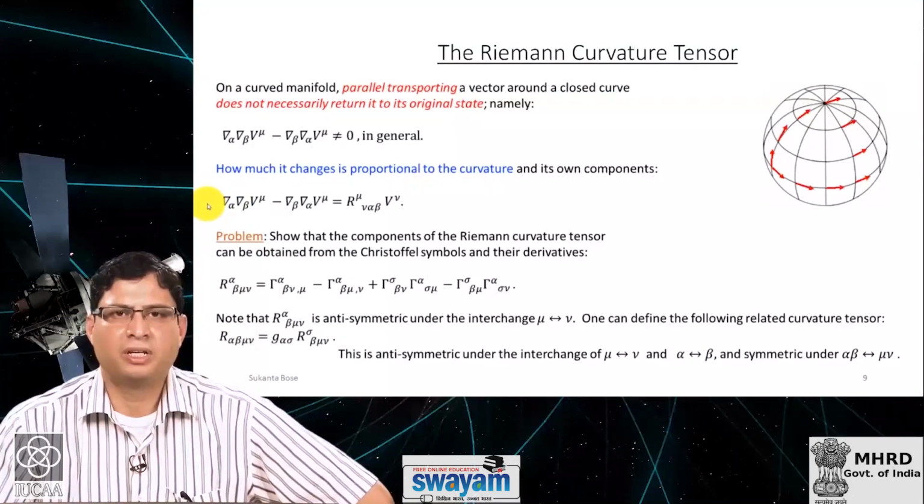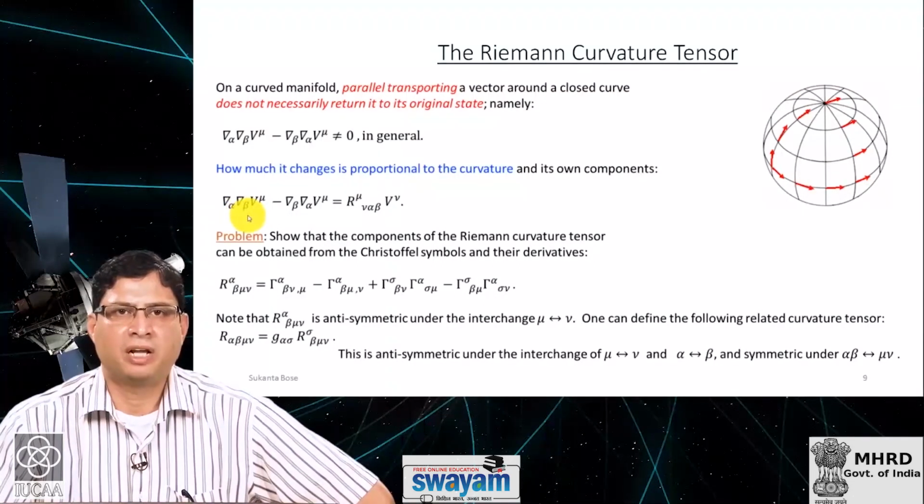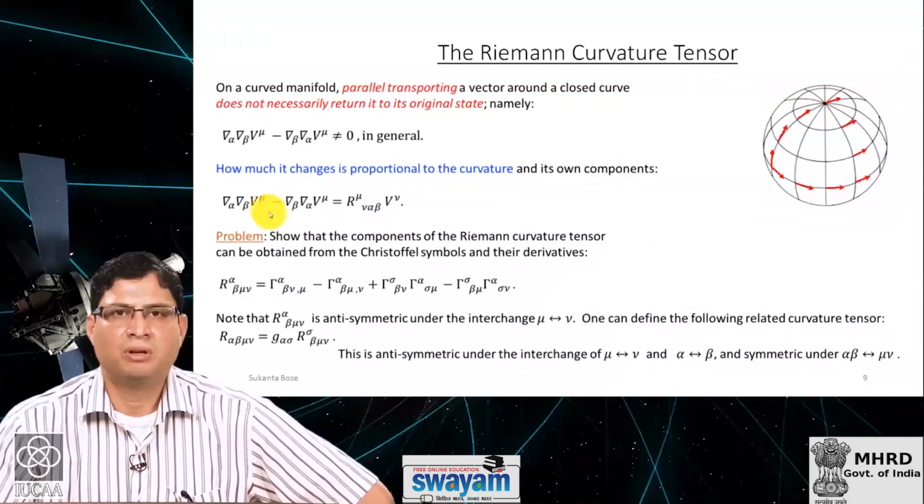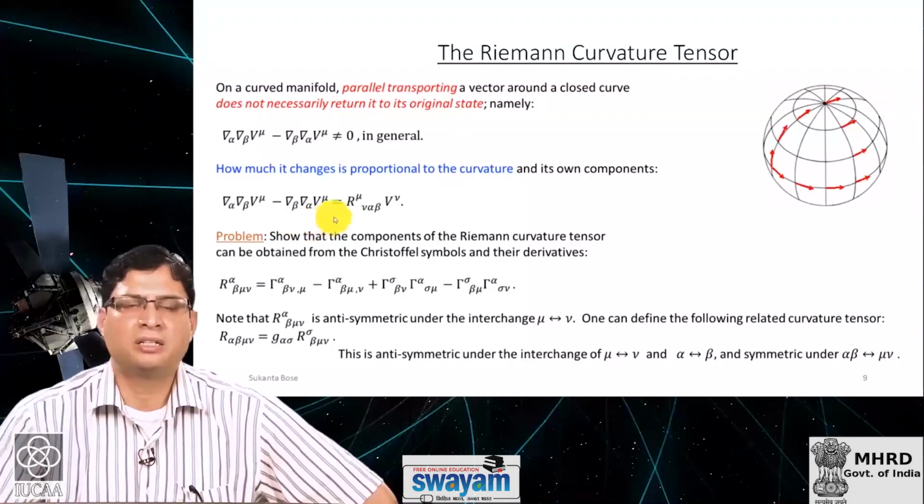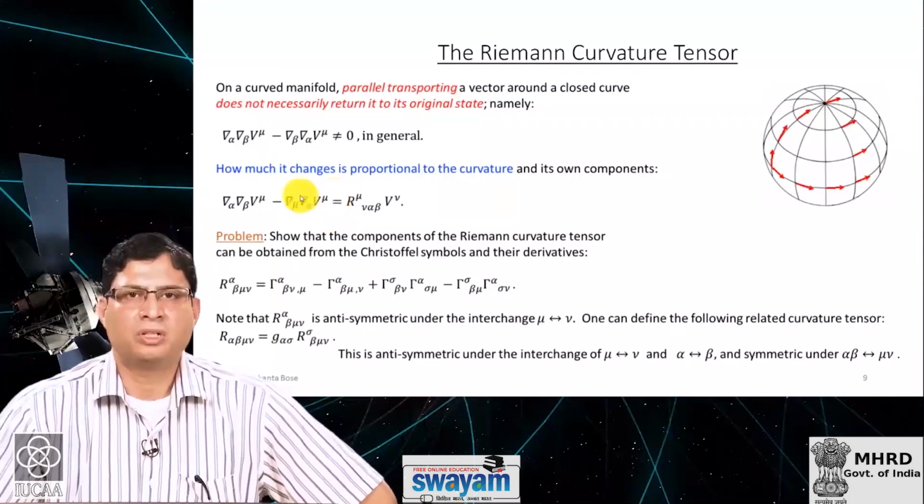So half of this quantity will be defined as the antisymmetrized action of these two derivatives, antisymmetrized over alpha beta, acting on v mu. But the definition of the curvature does not have that extra factor of half, so you'll just have to carry it carefully in your work.